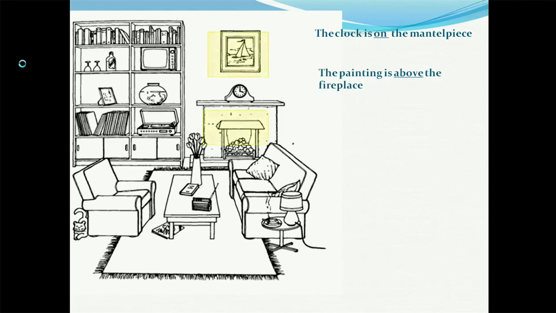The coffee table is between the sofa and the armchair. On either side of the coffee table are the sofa and the armchair, that is why we say between.